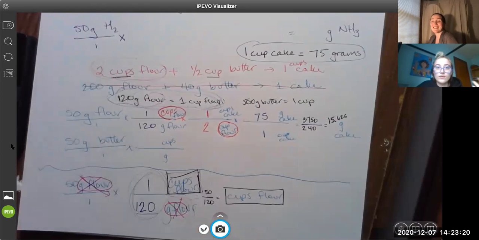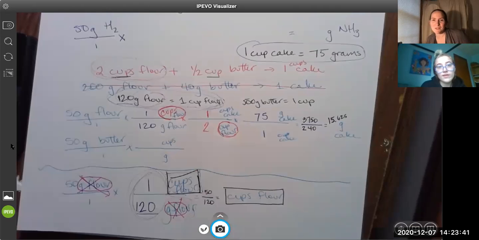Would that be the same with the butter as well? It would not, just because butter and flour are different things. So see if you can find where grams of butter are compared to cups of butter here, and I'm going to show you the equivalent in chemistry. Oh, 500 grams of butter is 1 cup. There you go. Yes.